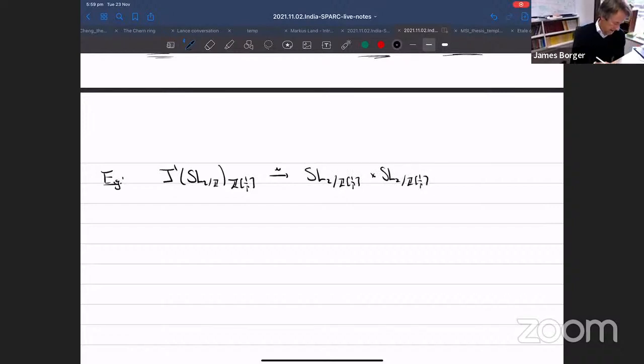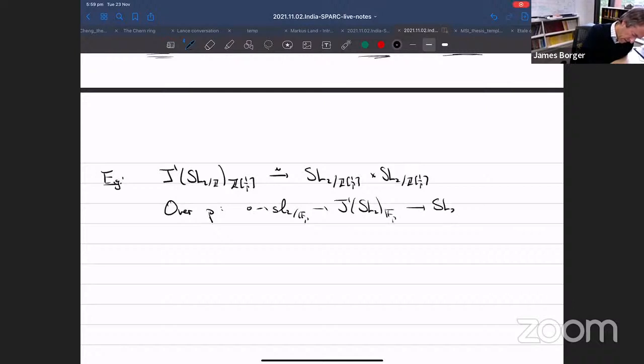But recall, this was absolutely not true over P. So over P, it's completely false. We had this SL2 FP, J1 SL2 FP, SL2 FP.